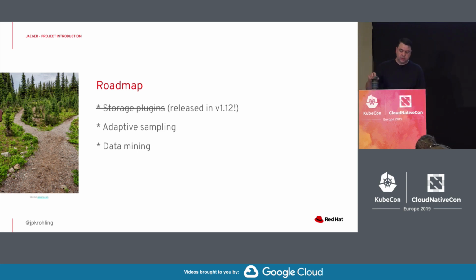In terms of features that we have for the future, right now Jaeger is doing very well the collection part of things. We leverage OpenTracing, OpenCensus, and OpenTelemetry in the future for the instrumentation part and for the collection part.